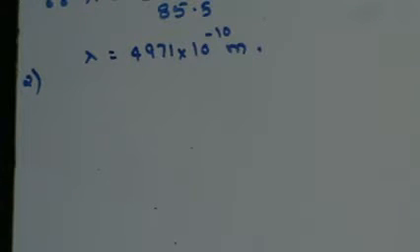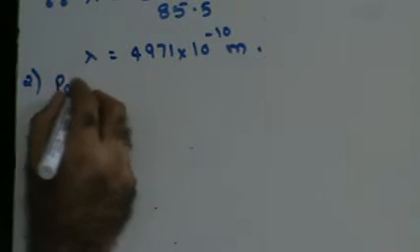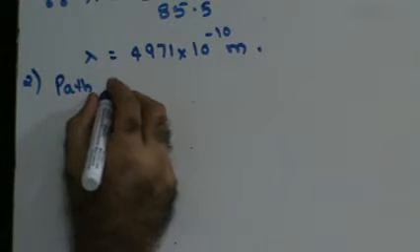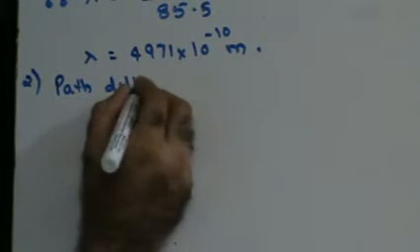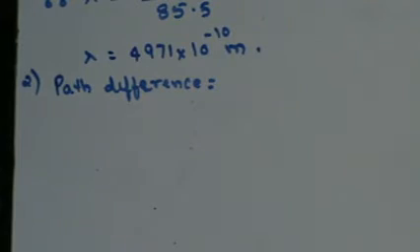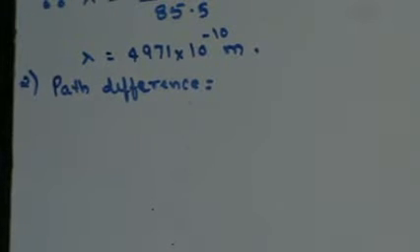The distance of a point on the screen from two coherent sources differs by 93 wavelength.